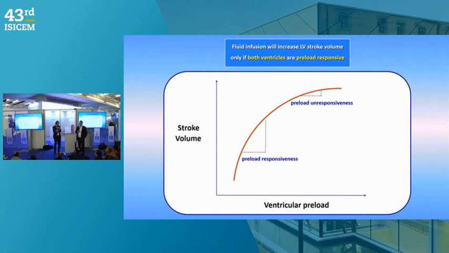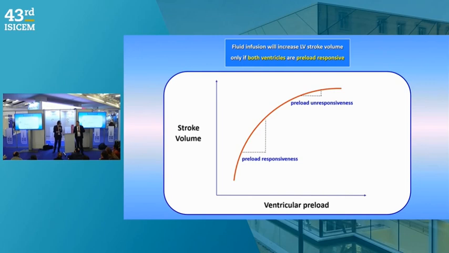The second reason is that maybe there is some cardiac dysfunction, an abnormality of contractility, for example, and therefore they are very fast on the flat part of the relationship. And sometimes we have the combination of the two reasons.